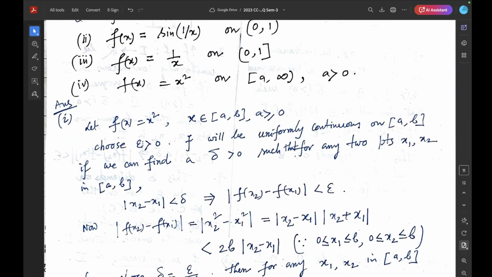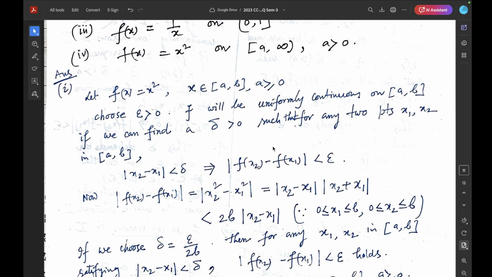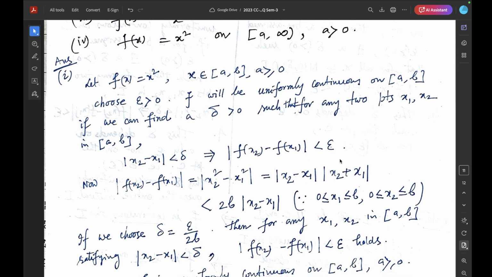Choose a pre-assigned positive epsilon. f will be uniformly continuous on the closed interval a b if we can find a delta greater than 0 such that for any 2 points x1, x2 in the closed interval a b, modulus of x2 minus x1 less than delta implies modulus of f x2 minus f x1 is less than epsilon.